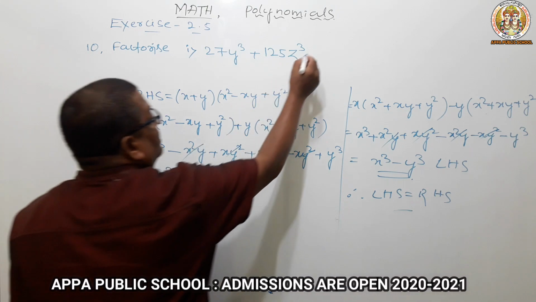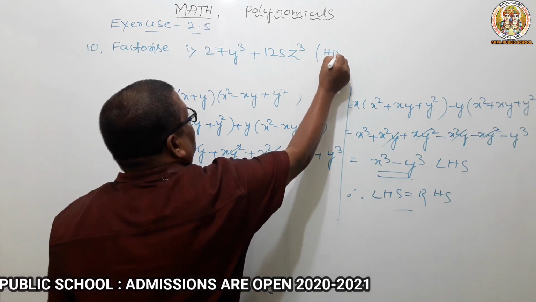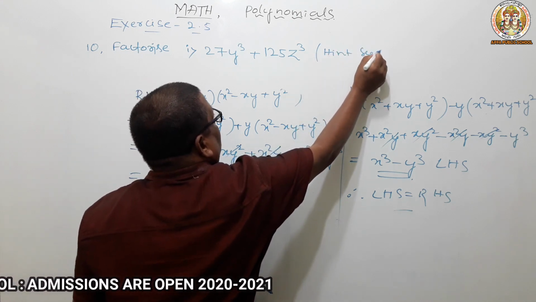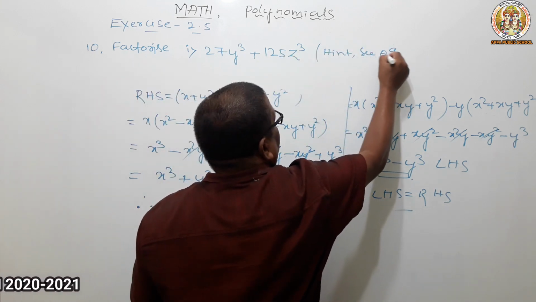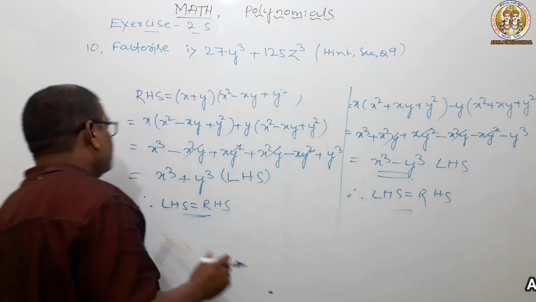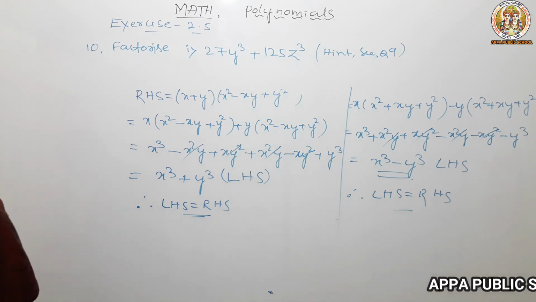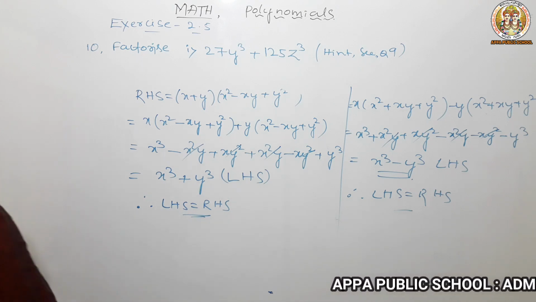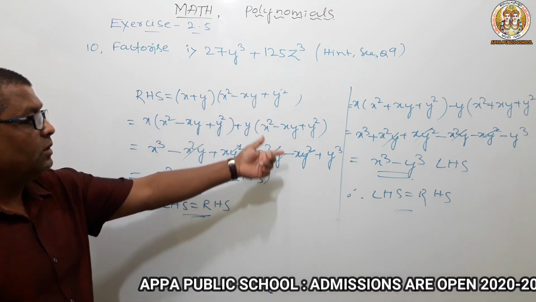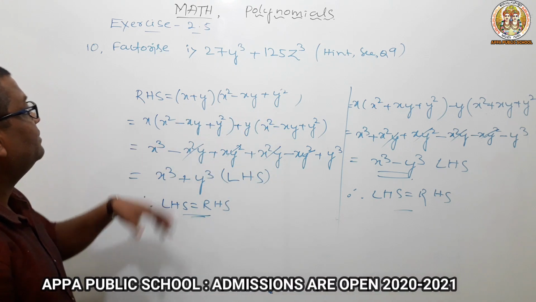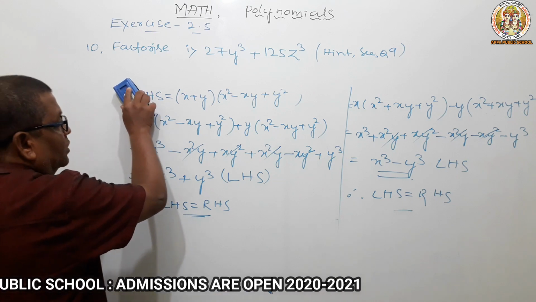So he is taking help, he is telling us, see question 9. So what is question 9? We are going to get the answer. Let me write it one more time.